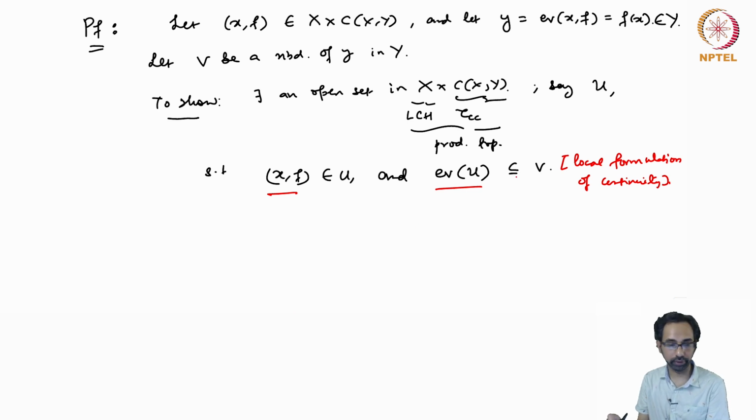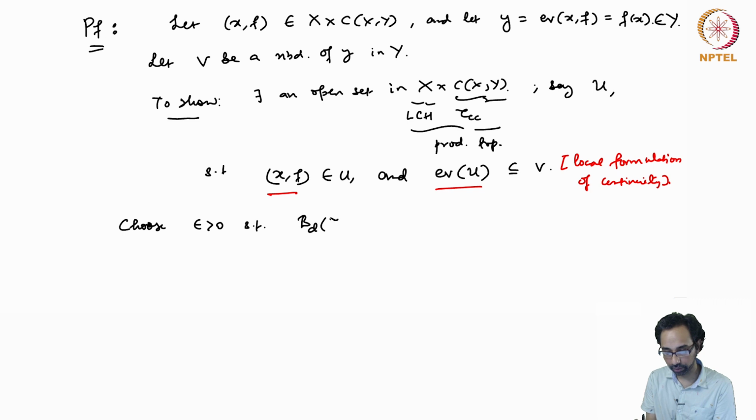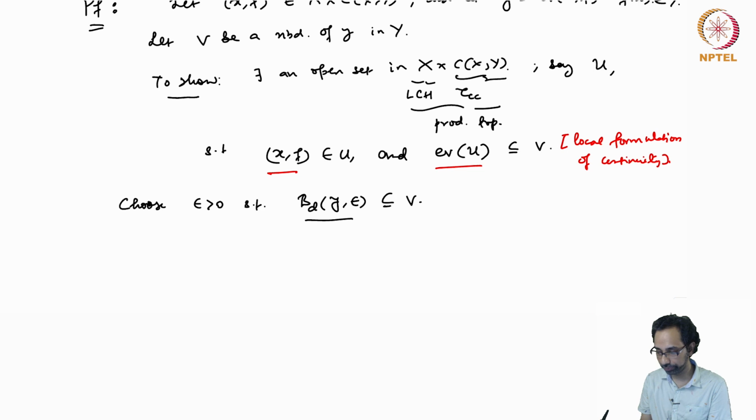neighborhood lies inside V. So for this, first of all, note that Y is a metric space. So choose epsilon greater than 0 such that B_{d_Y}(y, epsilon) lies inside V. So this is a basis set in the metric topology, and so there exists an epsilon greater than 0 such that this is true.